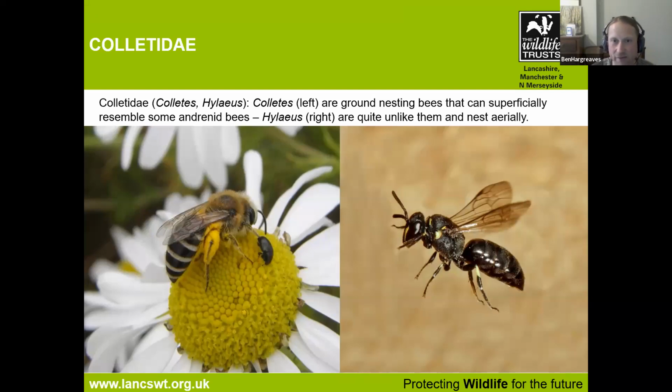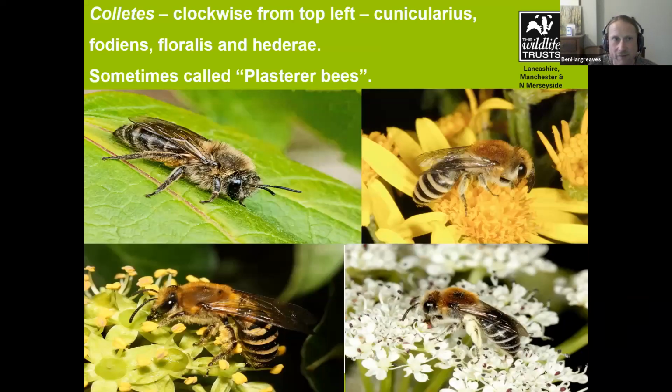Comparatively hairless bees, almost a bit wasp-like again, especially if you see them in flight, and they nest aerially in either bramble stems, sometimes bee hotels, deadwood, and other cavities. So the Colletes genus, we don't have many, sometimes called plasterer bees, because they can coat the inside of the nest cells with a cellophane-like substance that protects the cell from fungal infection or moisture.